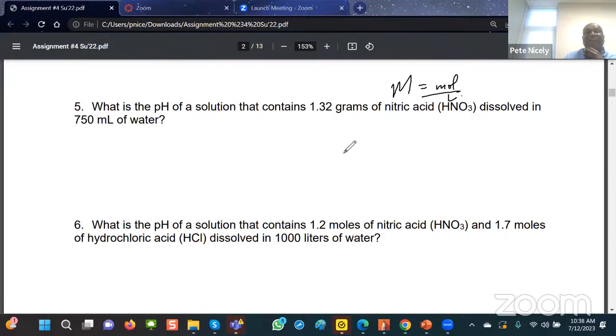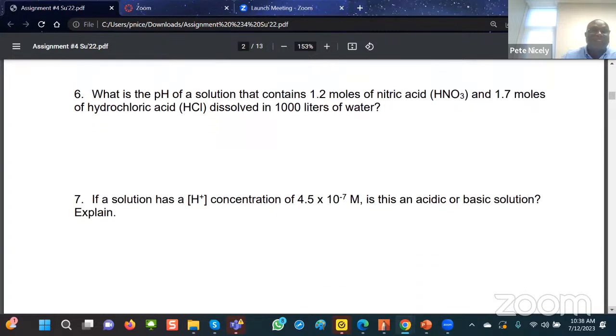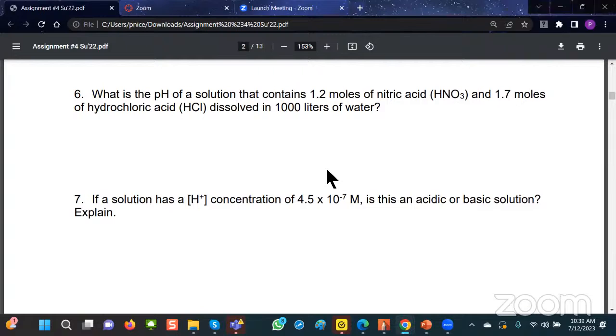Okay, so let me clear this now and scroll down. I want you to think about this one. This one is a bit different from the others that we looked at because in this case, we have two acids in the same solution. Let me hear how you approach this one. I would start by setting up a formula.